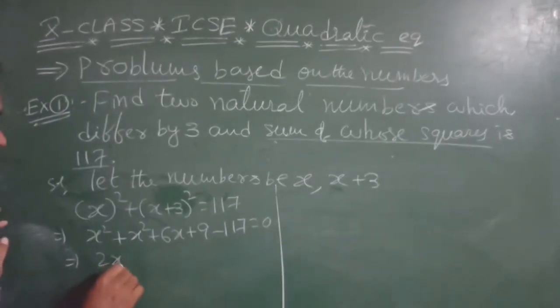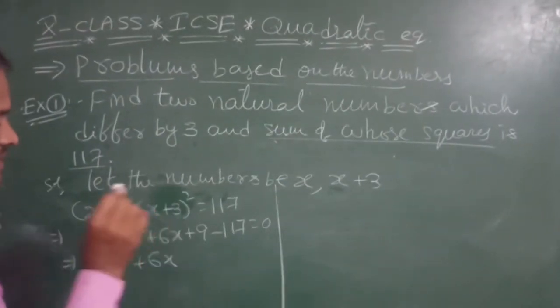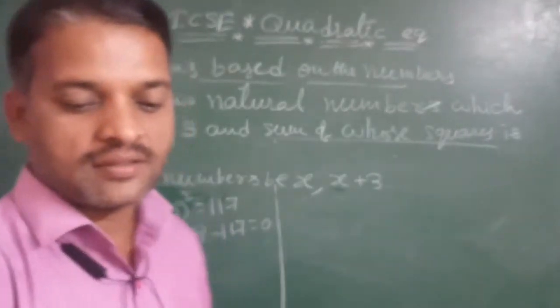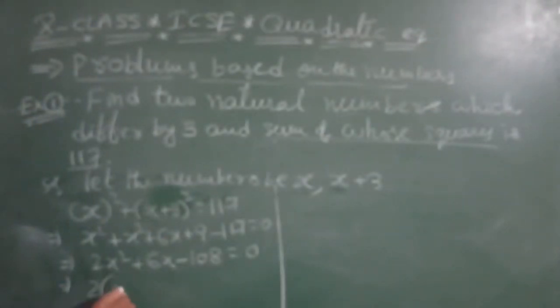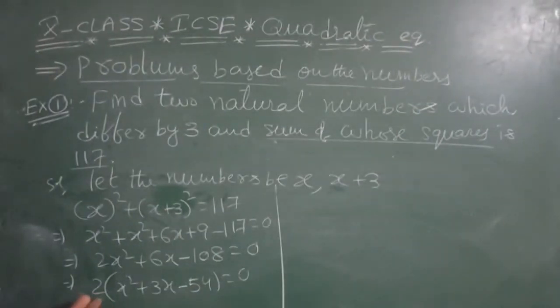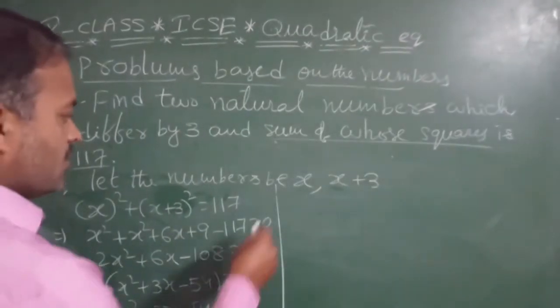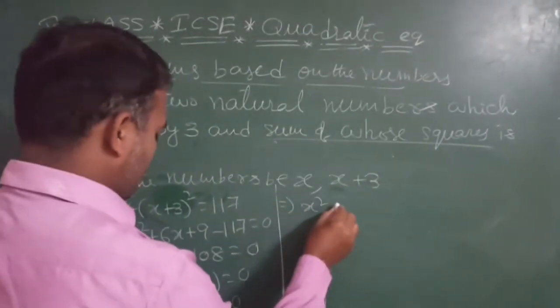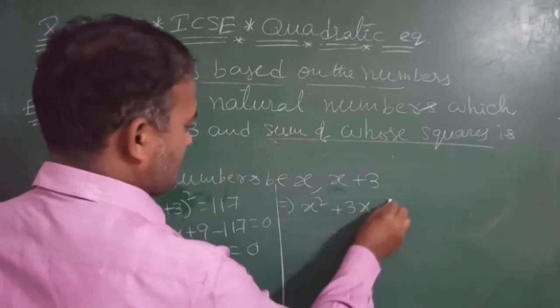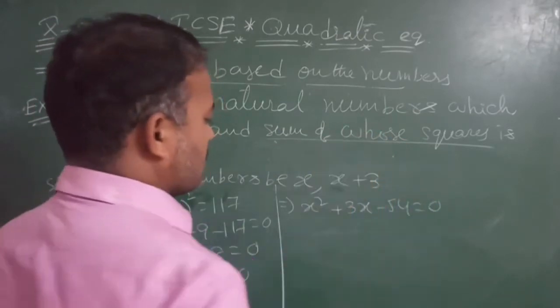That implies 2x square plus 6x, and 9 minus 117 is minus 108, equals 0. Taking 2 common, x square plus 3x minus 54 is equal to 0. So the given equation is x square plus 3x minus 54 equals 0.